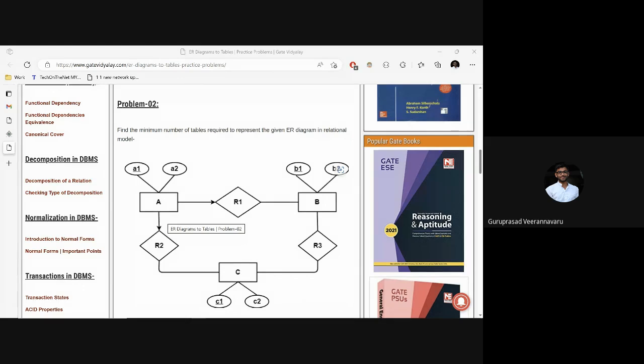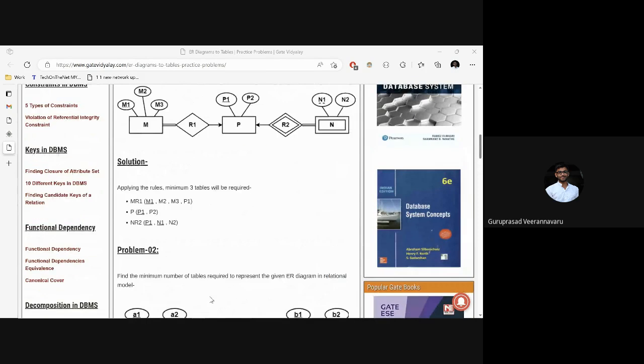So this is like saying A is dependent on B. If you have an arrow towards this side, it means for A to exist, B should always be there. For A to exist, C also should always be there. You are seeing this arrow.